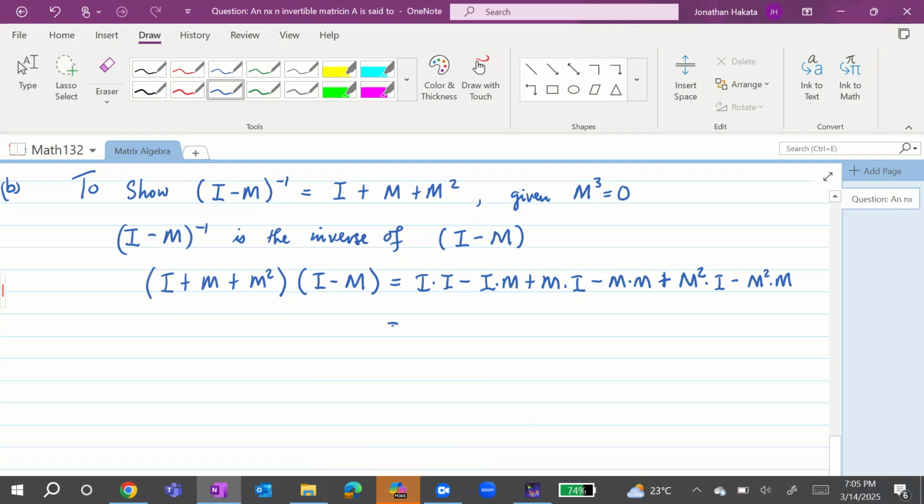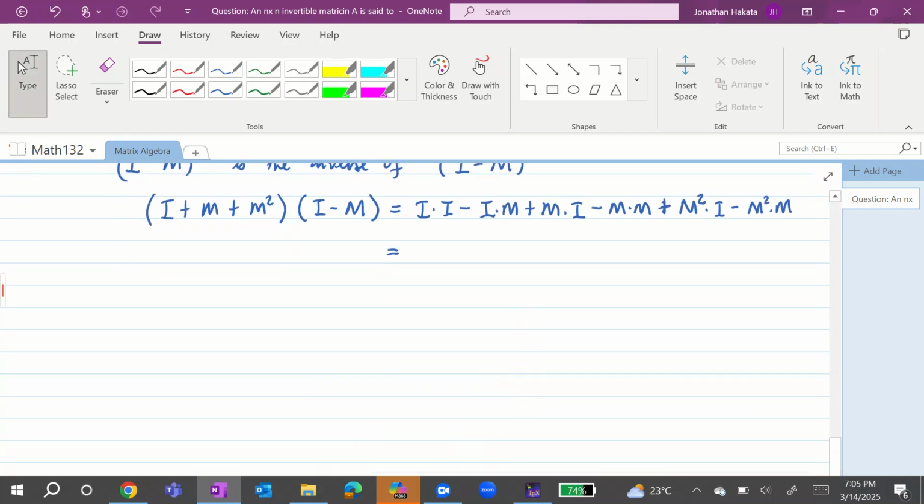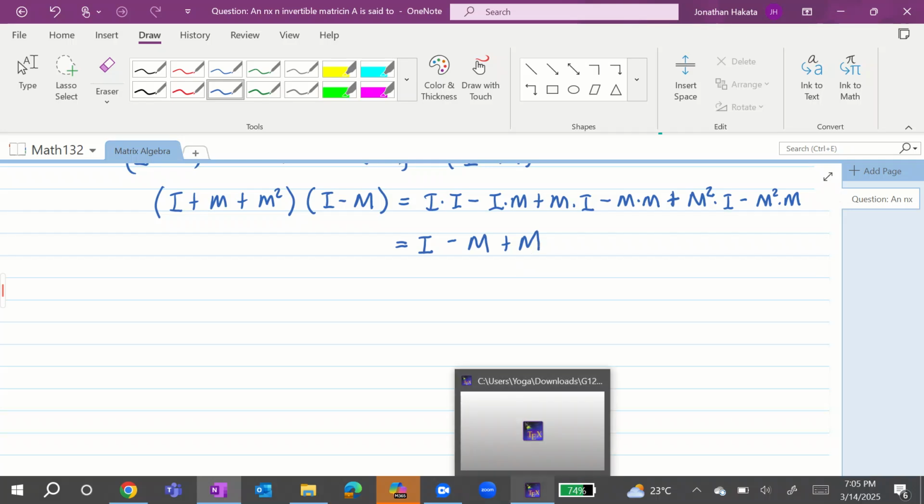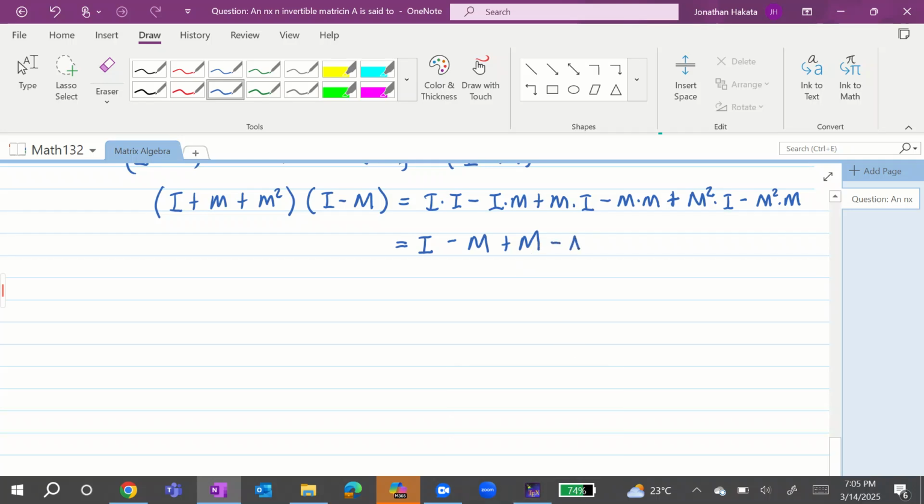So if we simplify, I times I, remember the identity matrix will never alter anything, so it will be just an I, minus I times M, it will be matrix M. And then I times M will be just matrix M again, and then minus M times M, I can write it as M squared.